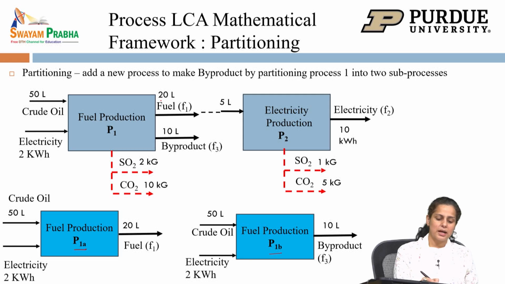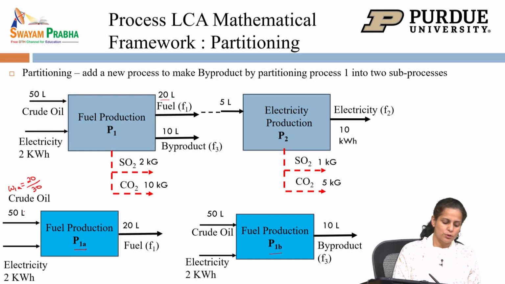So, here since we have 20 liters of fuel being produced and 10 liters of byproduct, we will give the weighting to this process A as 20 by 30. Okay.